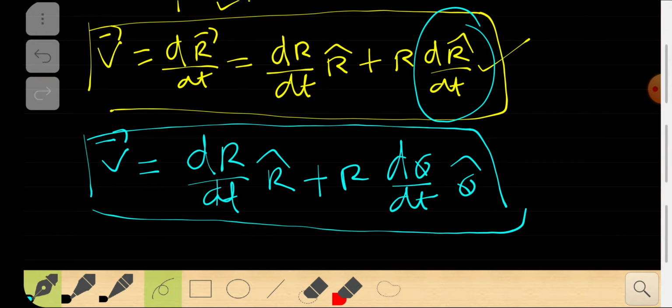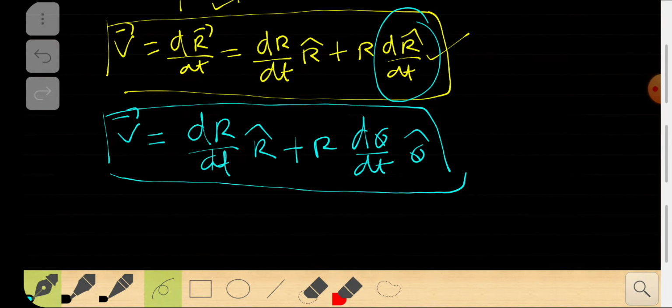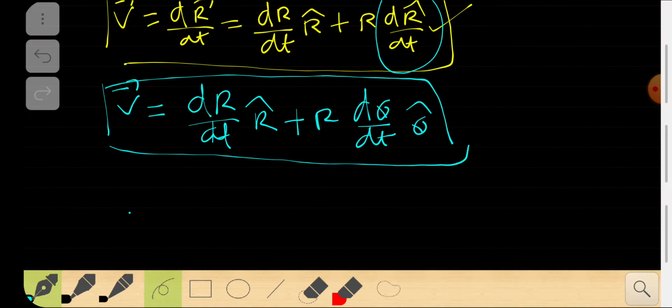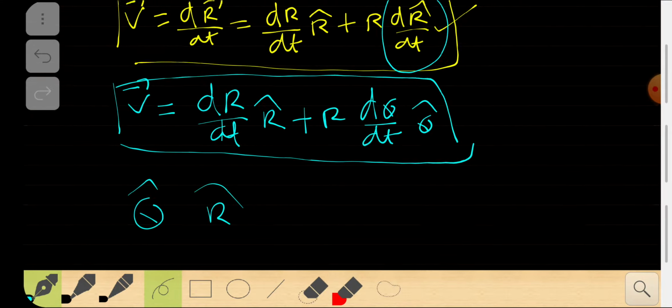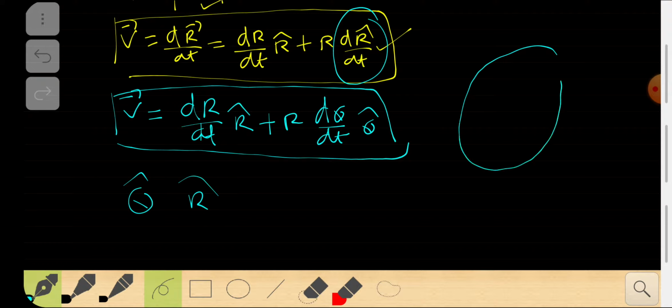Okay, let's use this. This is the equation of velocity for non-circular motion. So it has two components. If you look closely, it has a tangential component, which is theta cap, and then there is a radial component, r cap. So a thing that is moving in a non-circular path, it could be elliptical, it could be anything.